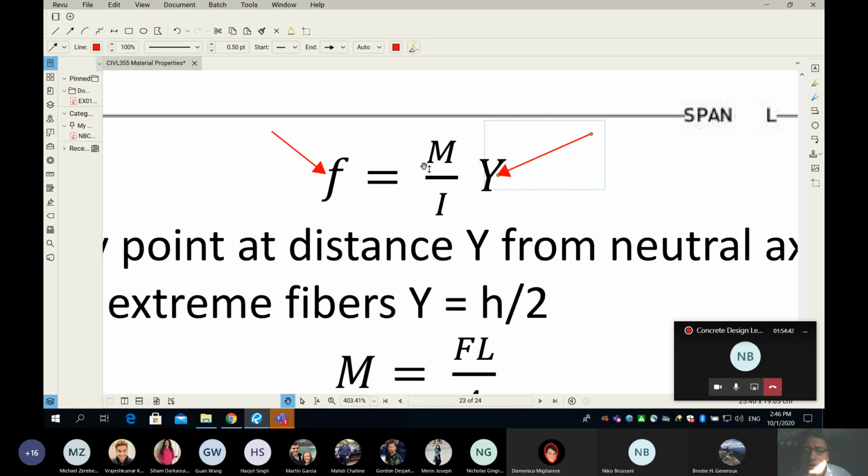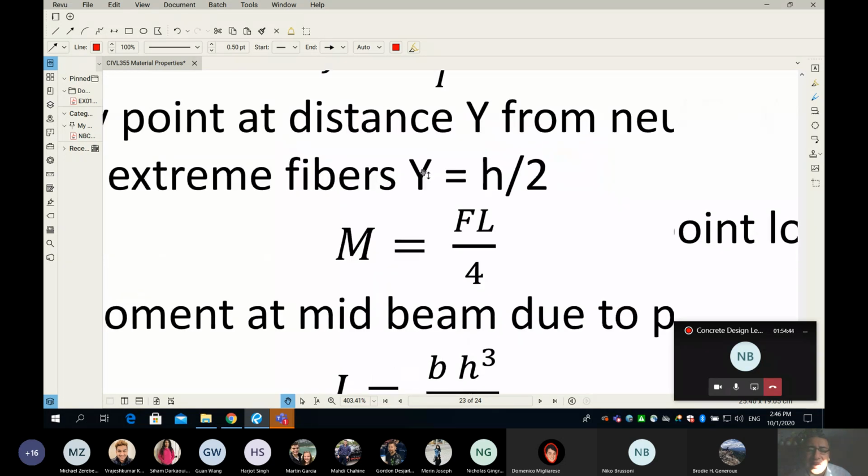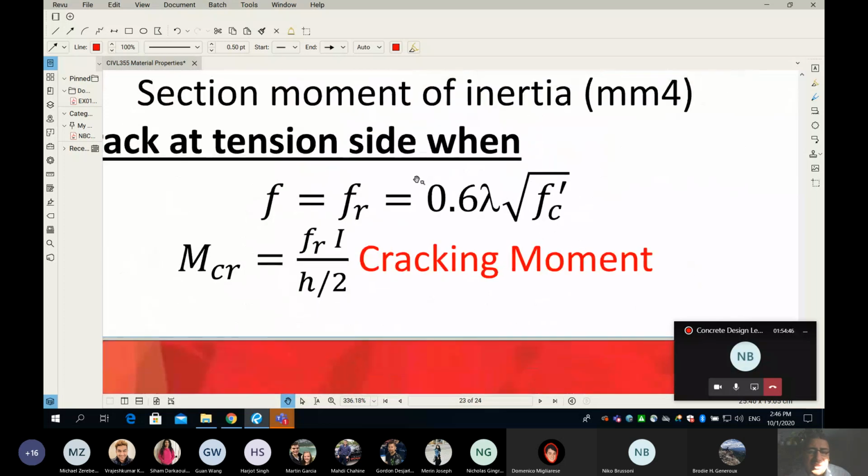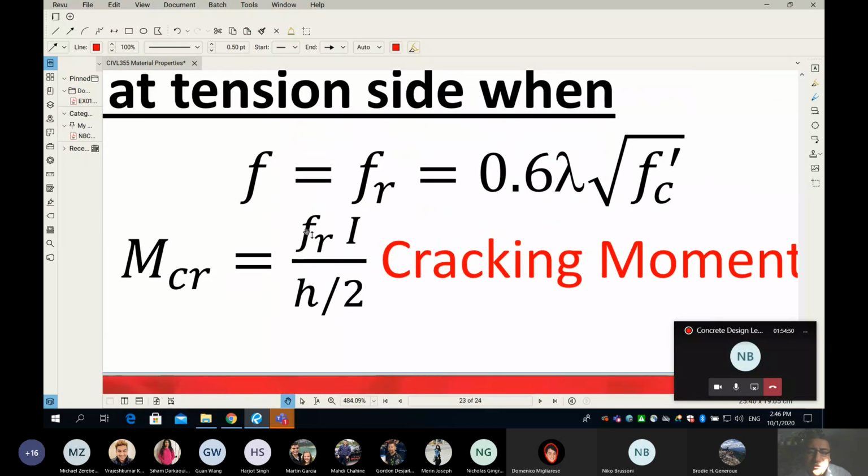Then what you get is the moment that cracks your beam. And that's what's happening here. I just used the math, and M_cr, which is the cracking moment, is equal to F sub R multiplied by I divided by h over 2, which is the maximum Y at the extreme fibers.